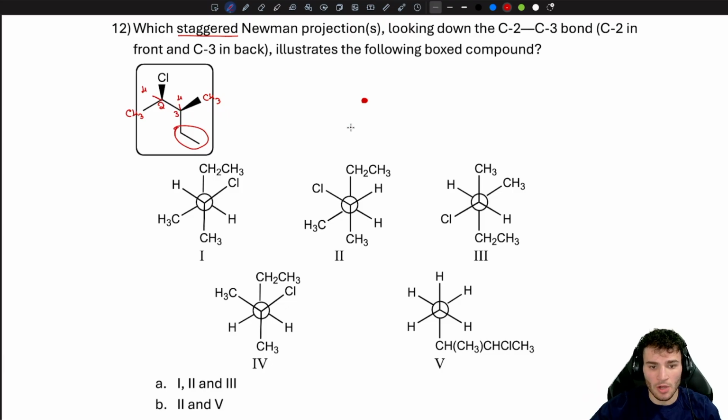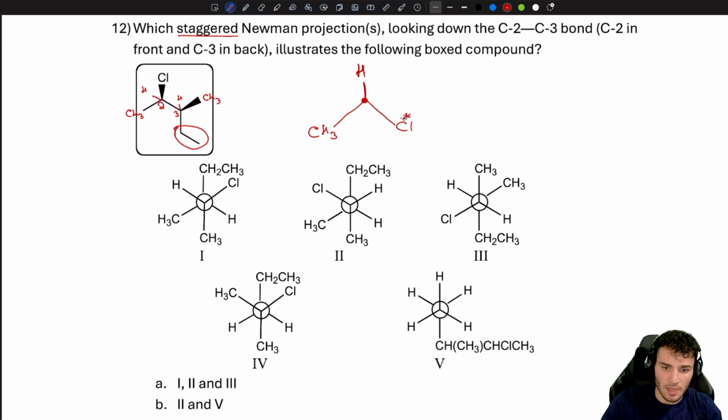So we are going to draw our chlorine on the right. Let me make this a little longer. Okay, our methyl looks like it's kind of going down, so we're just going to draw our CH3 here. And our hydrogen seems to be going up as well. It just appears to. But this chlorine is definitely going to be the most important to identify our correct Newman projection.